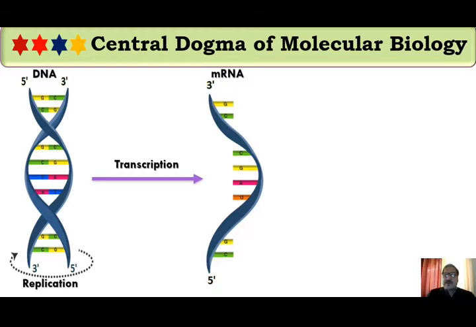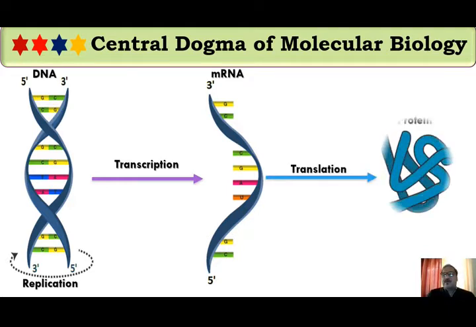Then this mRNA, which is carrying the genetic information in form of these codons, is translated and results in formation of a protein molecule. So this process we call translation. So you see the genetic information from the DNA is moving to mRNA, and from mRNA into the protein molecules, and this protein molecule may behave as a functional protein molecule or a structural protein molecule.